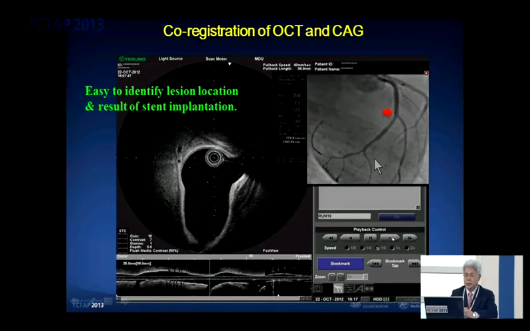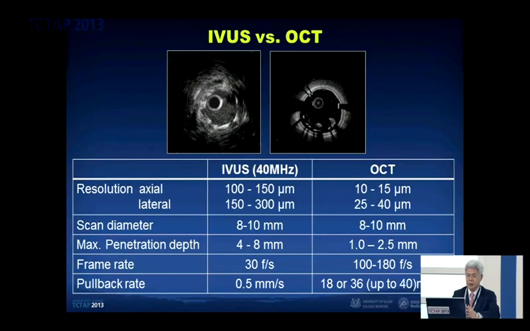And also, if we use another type of machine, we can clearly identify the position of the image by co-registration of OCT and angiography. Using this machine, we can compare the pre and post OFDI and post OFDI and follow-up OFDI by co-registration method, as you know very well.